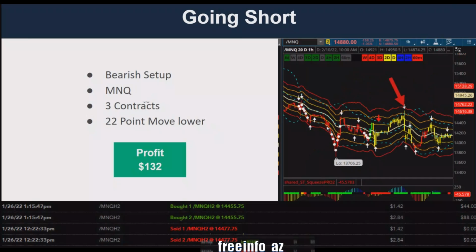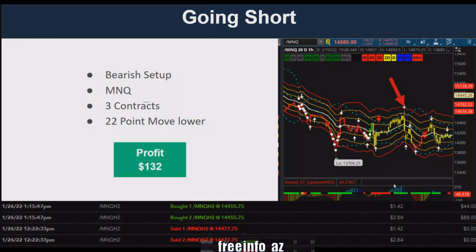Sometimes that happens. So here's a bearish setup where you have a little bit more red on the 10x bars, a squeeze. I stepped in and sold the market, but this was way too long of a trade. About 35, 40 minutes into the trade, I was profitable, but only on 3 contracts for $132.